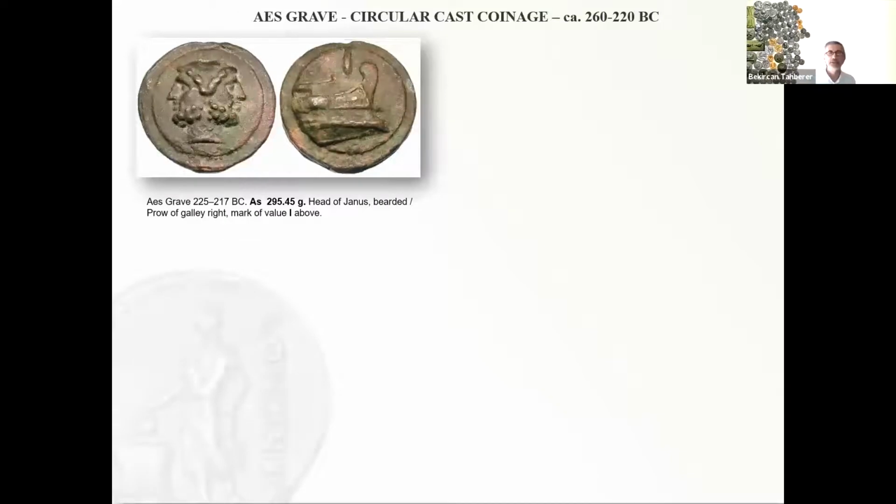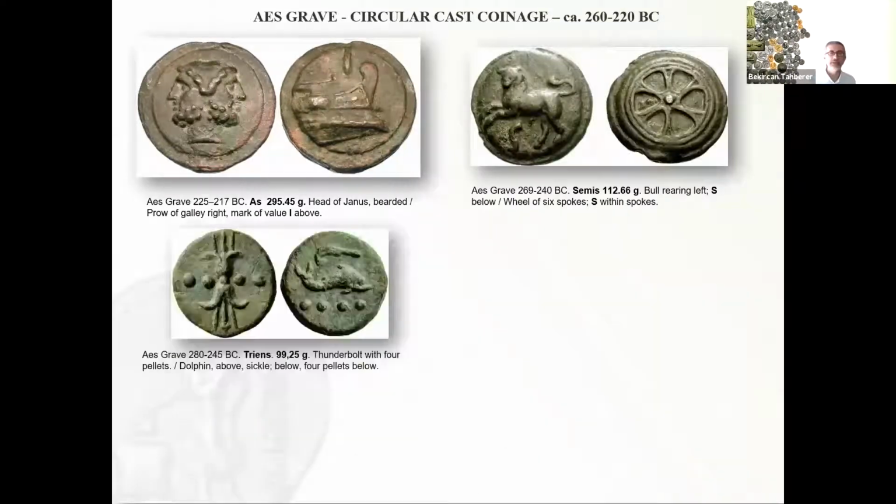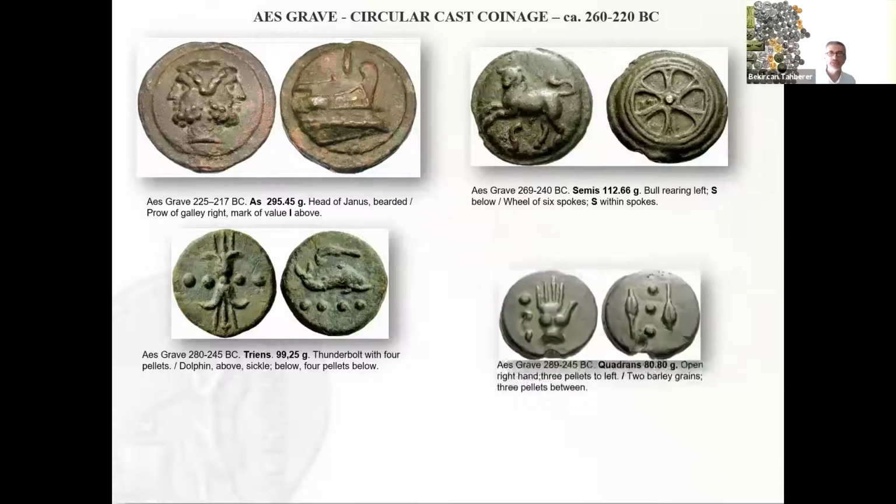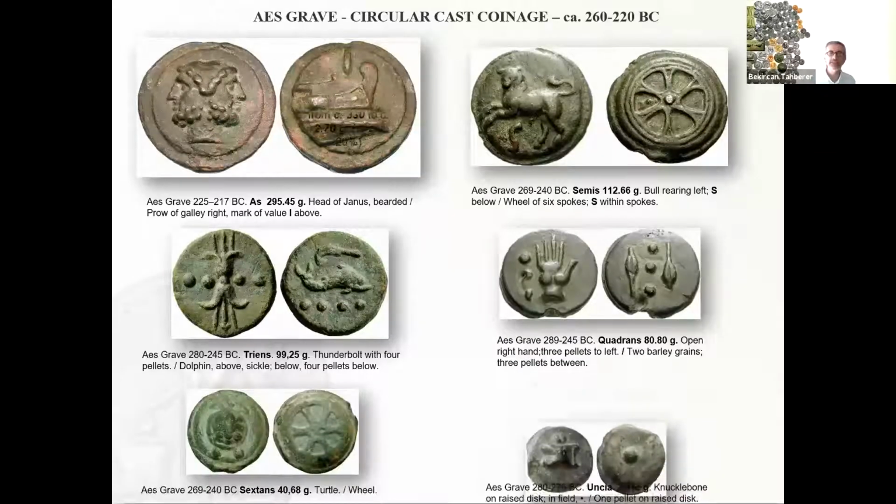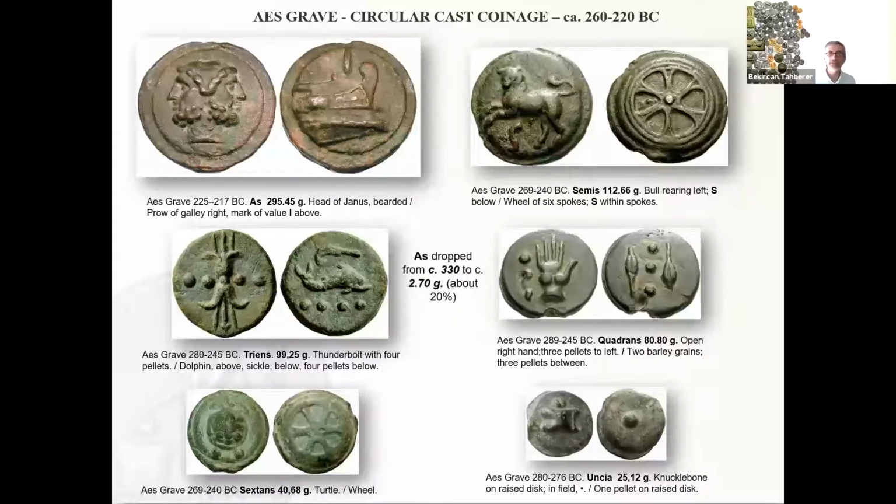And later on, they introduced different types in the same standards, but the weight simply dropped. And just to give you an idea, as dropped from 330 grams to 270 grams, about 20%. So you're waging wars.